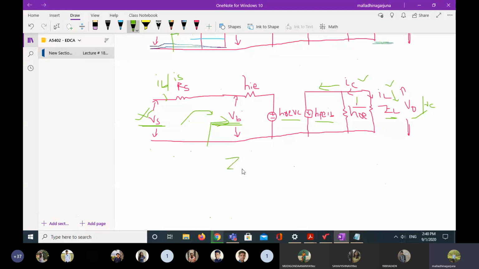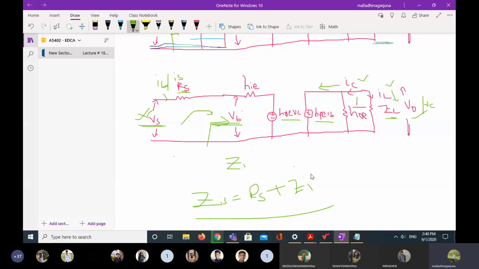By taking Vb, ZI is the input impedance. Now what happens when Rs is added in series? Then what is ZIS? If you take Rs into consideration, both are in series, so Rs plus ZI. That is the input impedance with the source resistance.